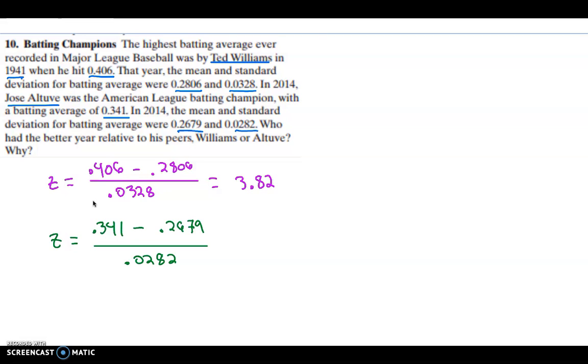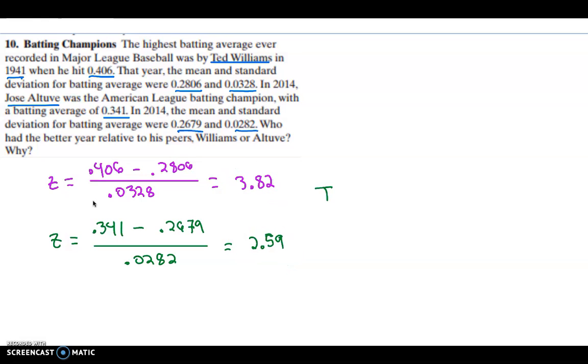So I'm going to divide by that standard deviation, and I get a z-score of 2.59. And notice Ted Williams' z-score is significantly higher than Jose Altuve's. We can see just how extreme it was for Ted Williams compared to Jose Altuve.